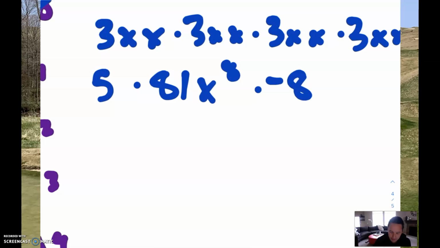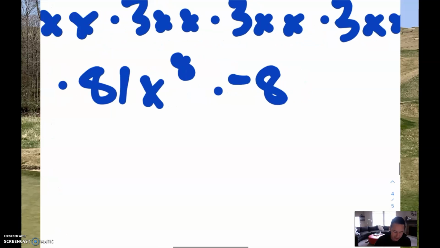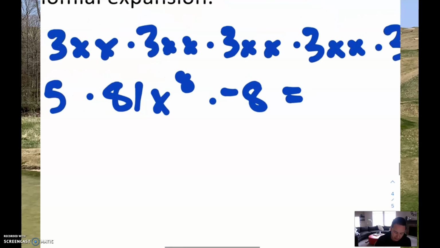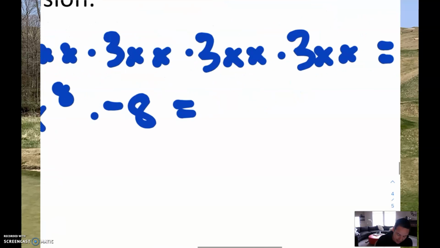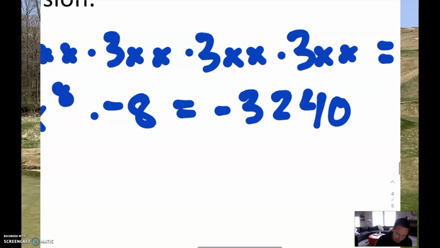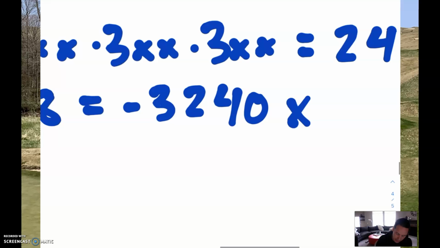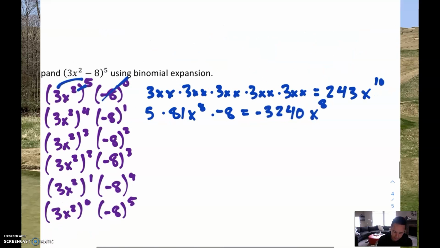So then we're going to probably take a calculator out, and we can do 5 times 81 and multiply it by negative 8. And it gives us the coefficient, and that's going to be a negative 3,240, and it's going to be x to the 8th power. So there's your second term in the binomial expansion.